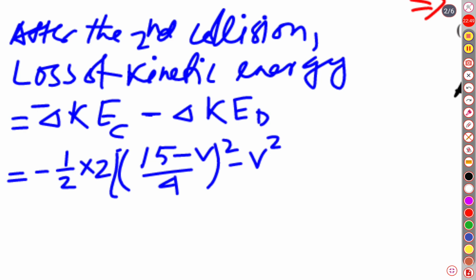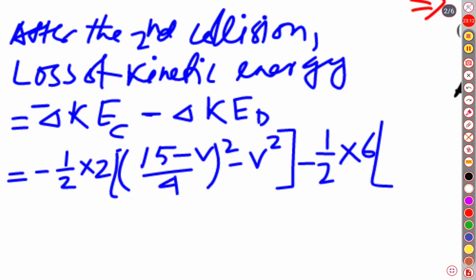Okay, we have completed one of the parts. Minus half the mass of particle D, which is 6, because D is the combination of particle A and particle B. A was 5, B was 1, so 6.